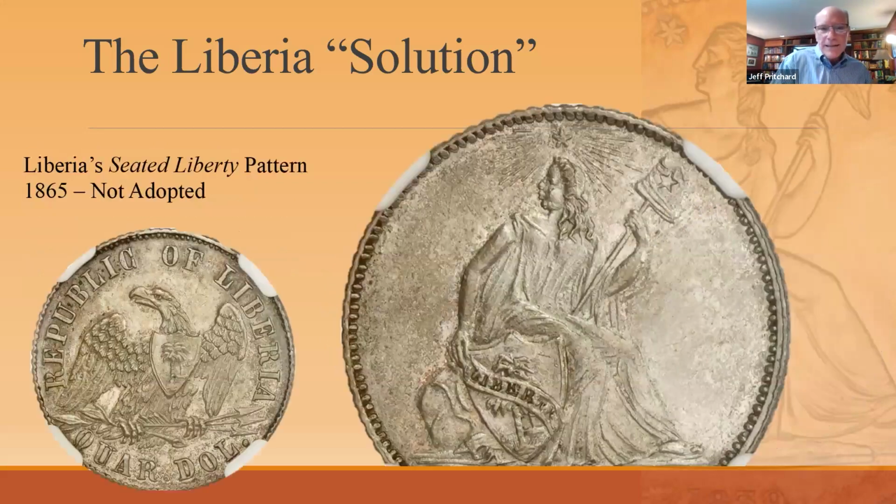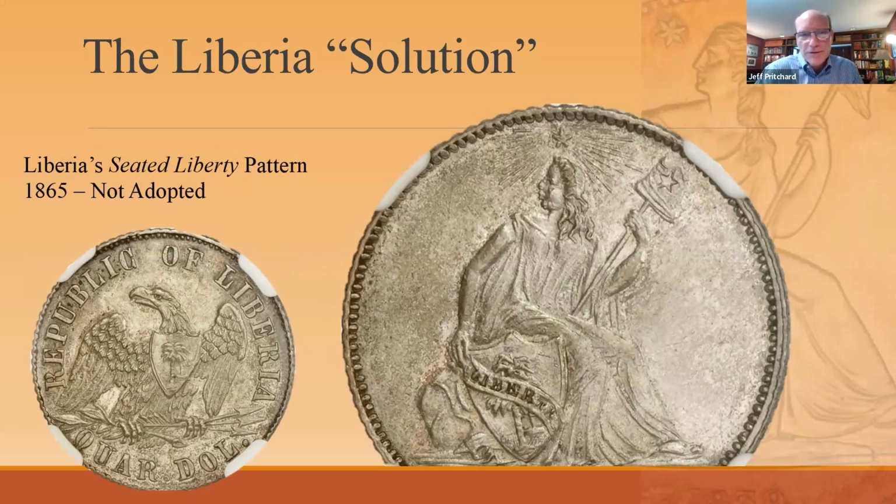Well, in 1865, Liberia proposed it. They had developed a number of patterns because they were considering updating their coinage. And certainly the most fascinating pattern that Liberia came up with is this pictured here.